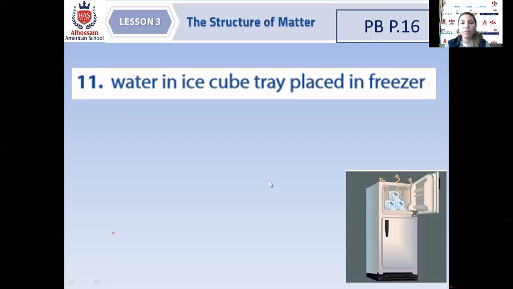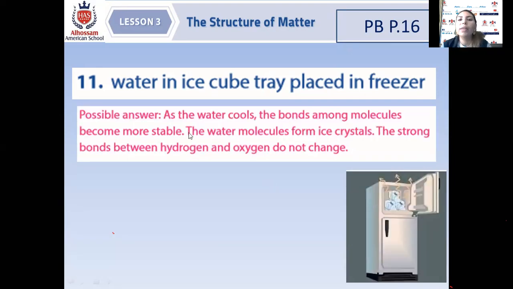So, as water cools, the bonds among molecules become more stable. As you said, Omar, the bonds among molecules become more stable. The water molecules form ice crystals. The strong bonds between hydrogen and oxygen do not change.